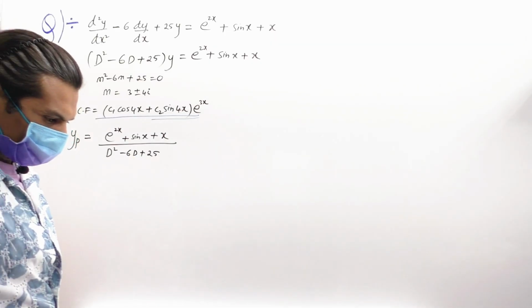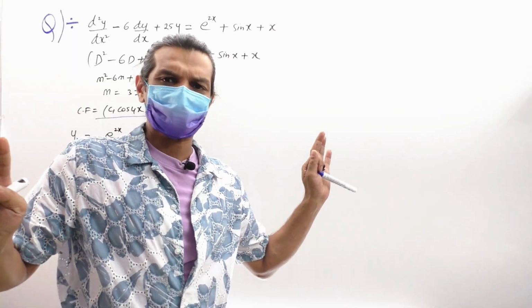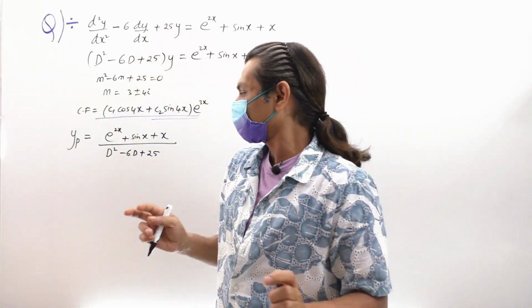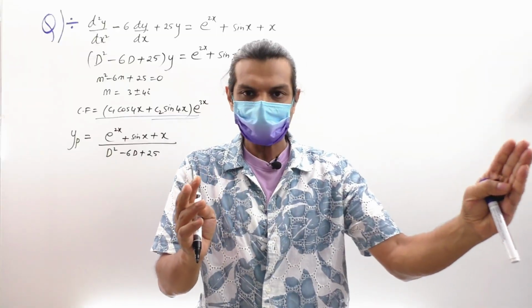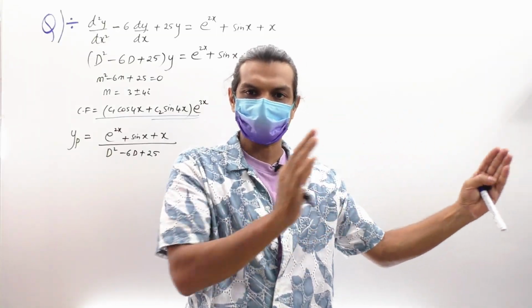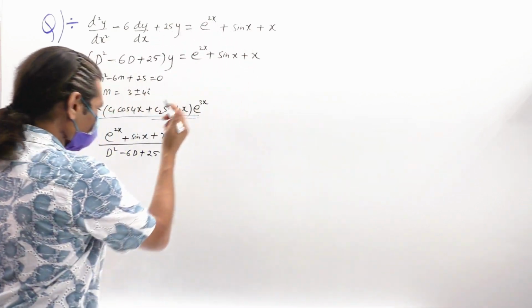Now as I told you, when the numerator has a plus or minus sign, always separate. It is very important, crucial, because when there is a plus or minus sign in applied mathematics, it means they are different functions, so separate. I don't know which type they belong to, so that's why we separate.